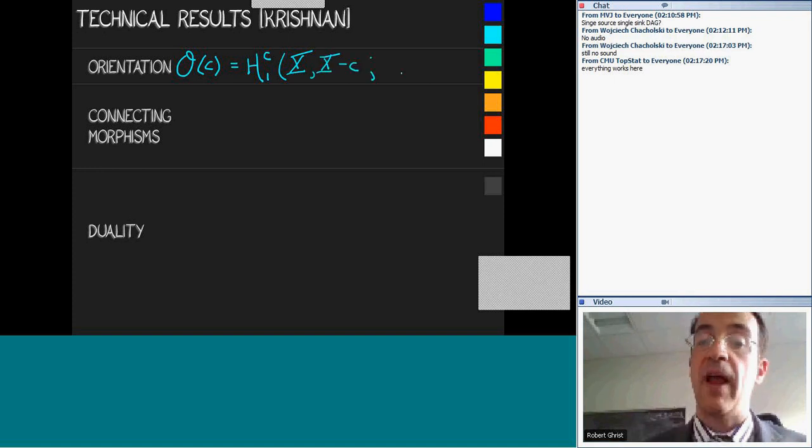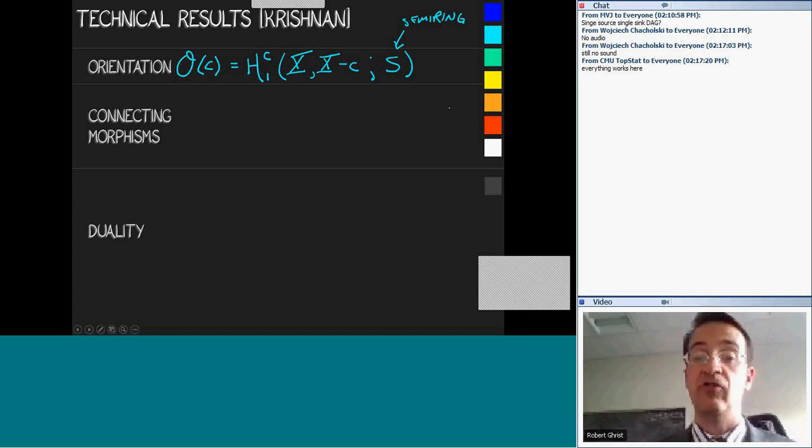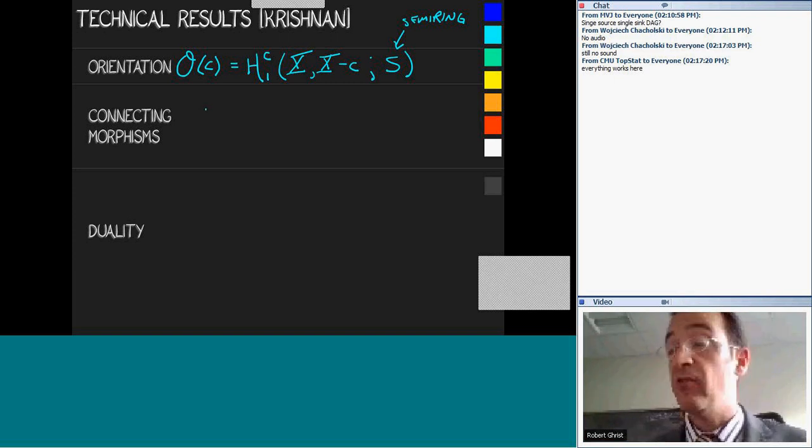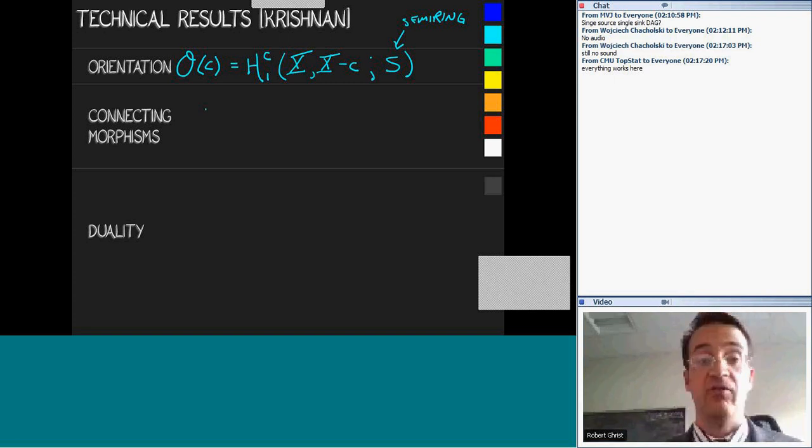So I look at what happens relative to the complement, and I take coefficients in S, where this again is my semi-ring, and thinking of that as the constant sheaf over S. That, with a little bit of investigation, turns out to be exactly what one would think an orientation sheaf looks like. It gives you the local orientedness of the graph.